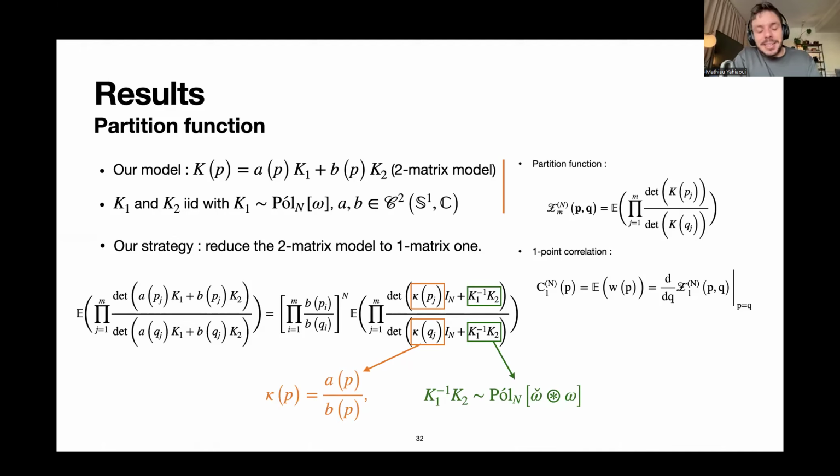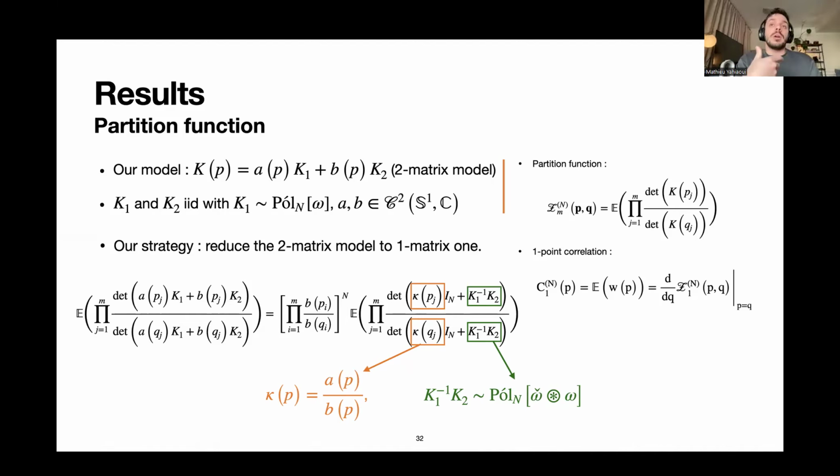I mean, factorizing is more accurate, factorizing K1 on the left. As you can see, that two matrix model, A_P K1 plus B_P K2, is reduced to one matrix model where the one matrix is K1 to the minus 1 times K2. So it's a generalized ratio.